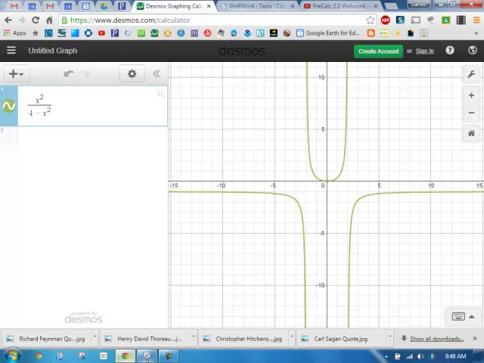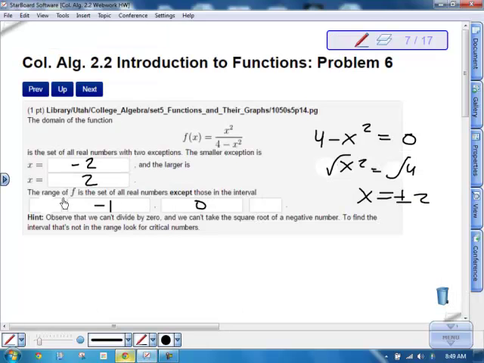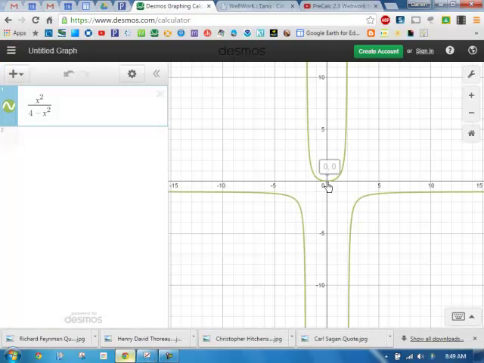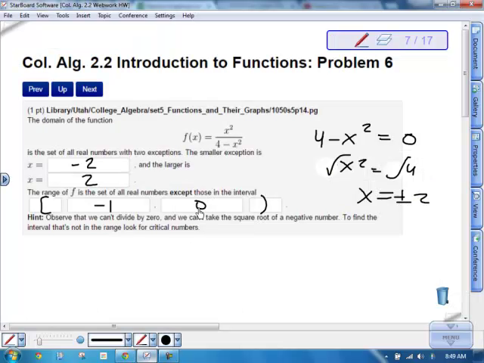So that means when I'm answering the question, instead of all real numbers except those in the interval, I can put a bracket here and a parenthesis here, because -1 is undefined in the function. So I can include that in the places where I'm saying except. And then I can't include 0, though, because when you plug in 0 for this function, you just get 0. That's actually on the graph right here. So that can't be in my interval that I'm saying except.